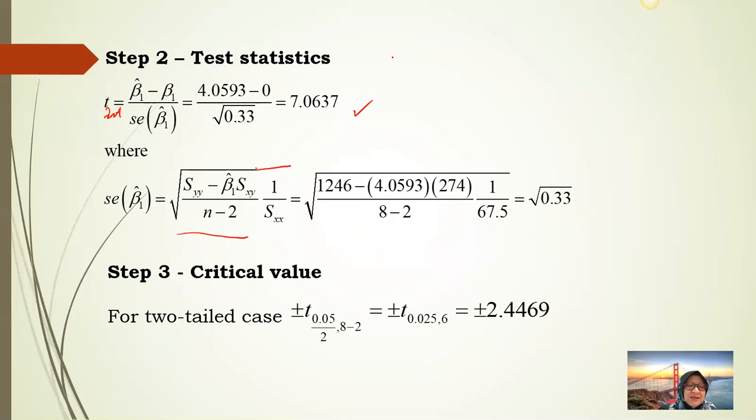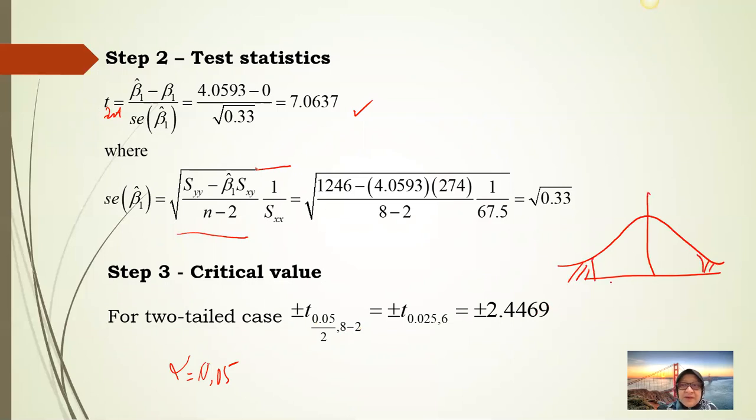In this case, alpha is not given, so you take alpha as 0.05. The critical value will use 0.05 divided by 2, which is 0.025, with 6 degrees of freedom, because you subtract 2: 8 pairs minus 2. If you look up in the tables, you get plus or minus.